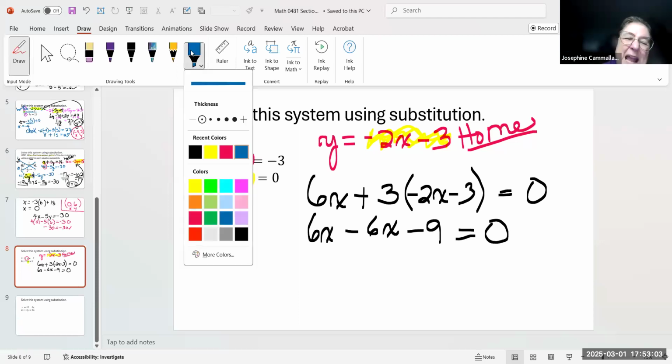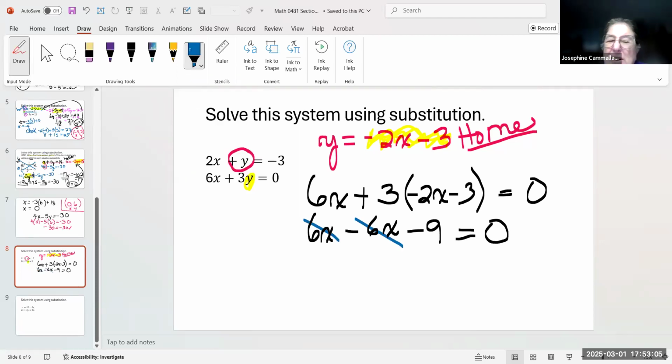Now, notice what happens. These two are going to cancel out. What I have left is this part of my equation. Negative 9 does not equal 0.